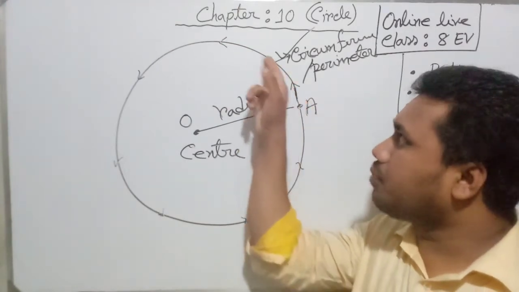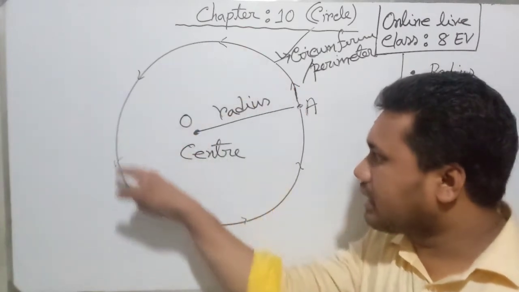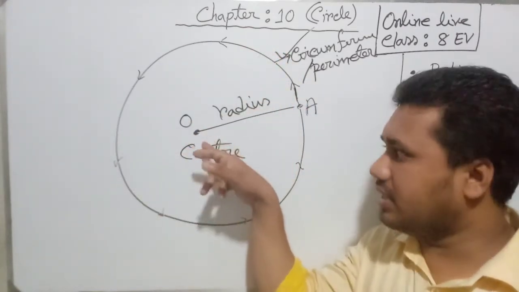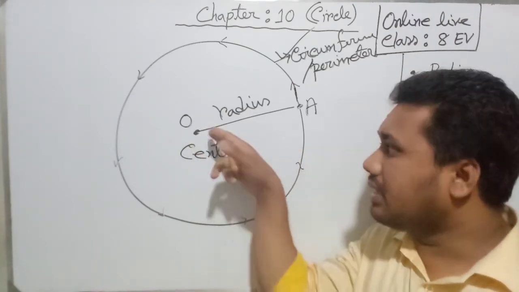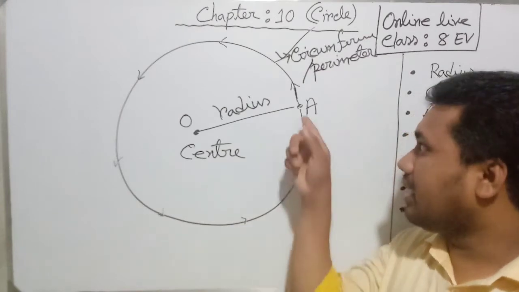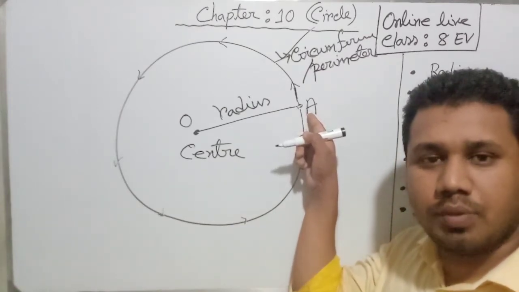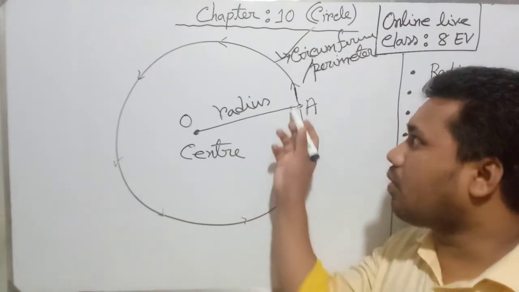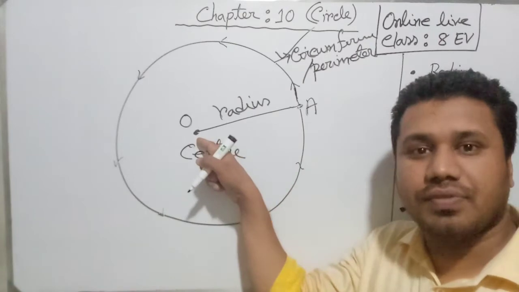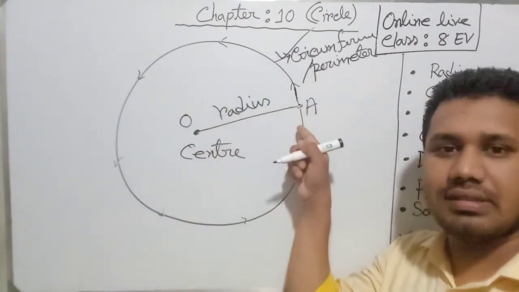That means when it moves, it always keeps the same distance from this fixed point, which we call the center. So when any point moves in such a way that its distance from a fixed point is always the same, the path is a circle.